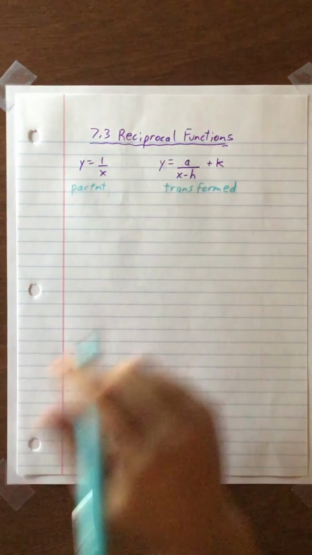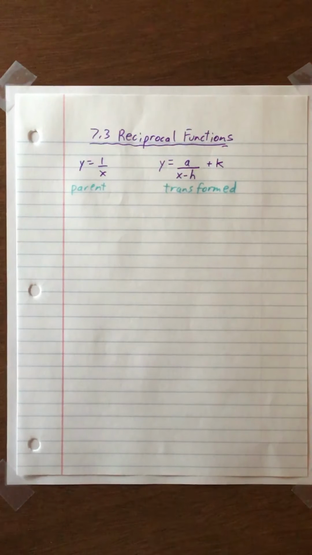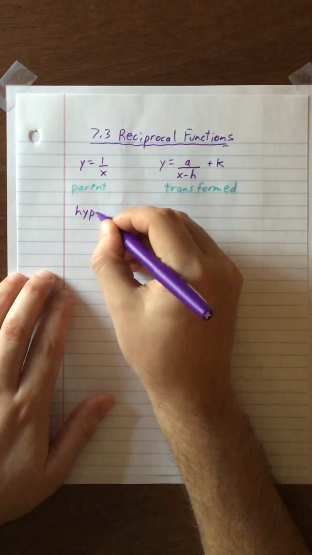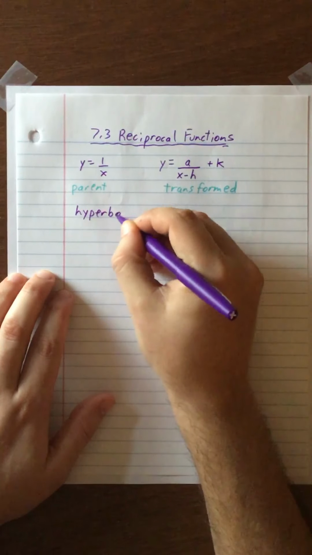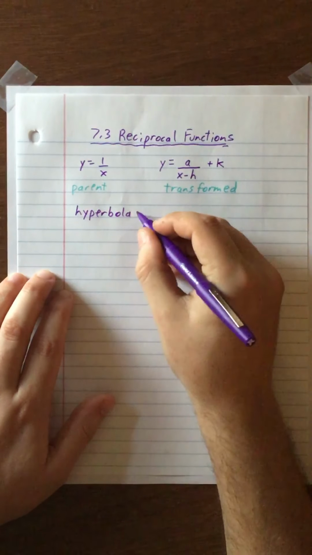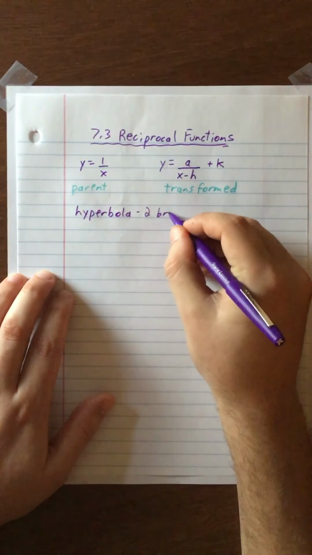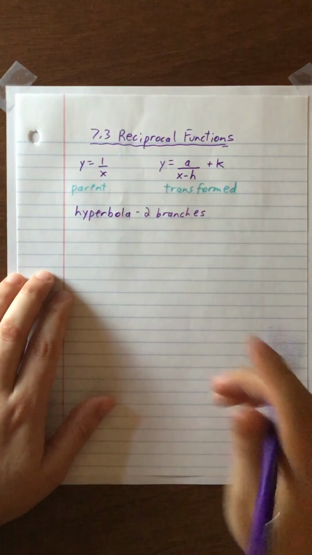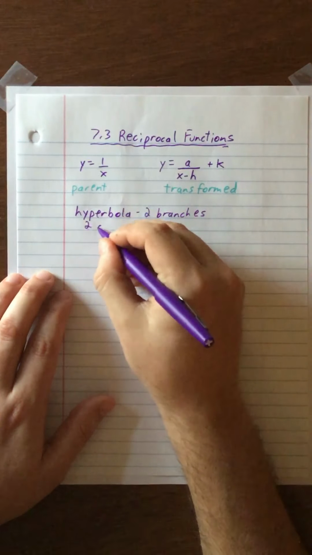Okay, if you see a function that looks like this, it creates what we call a hyperbola, which has two branches. Okay, also has two asymptotes.